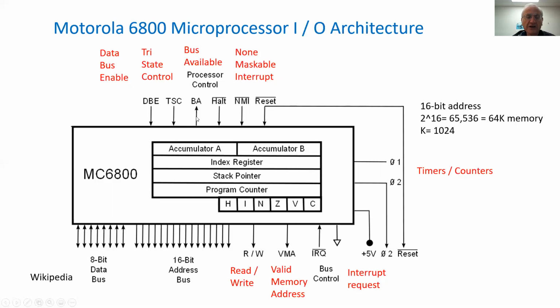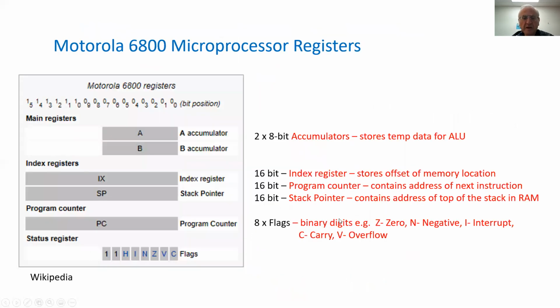We have bus available signal, we have halt, we have non-maskable interrupt coming in, we have a reset terminal, we have timers and counters, we have read and write command to the peripheral equipment, and valid memory address as well as interrupt request.